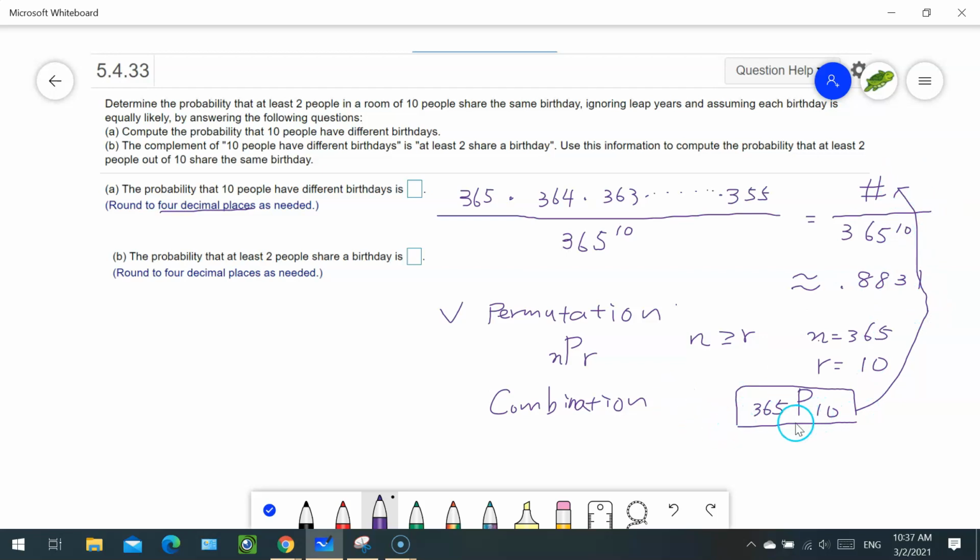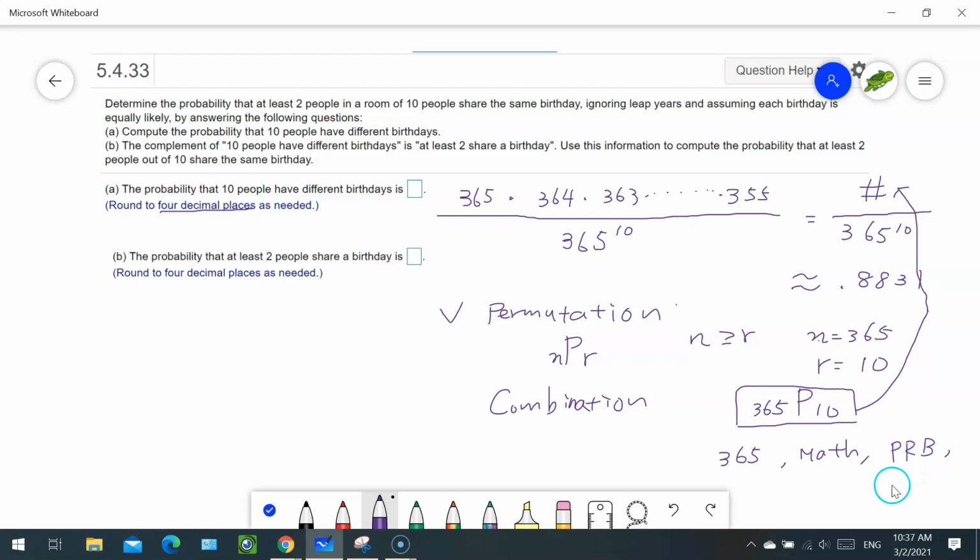How can you find this number on the calculator? First, you type 365 on your main screen. And then you click on MATH. Move to the right and highlight PROB, the probability menu.